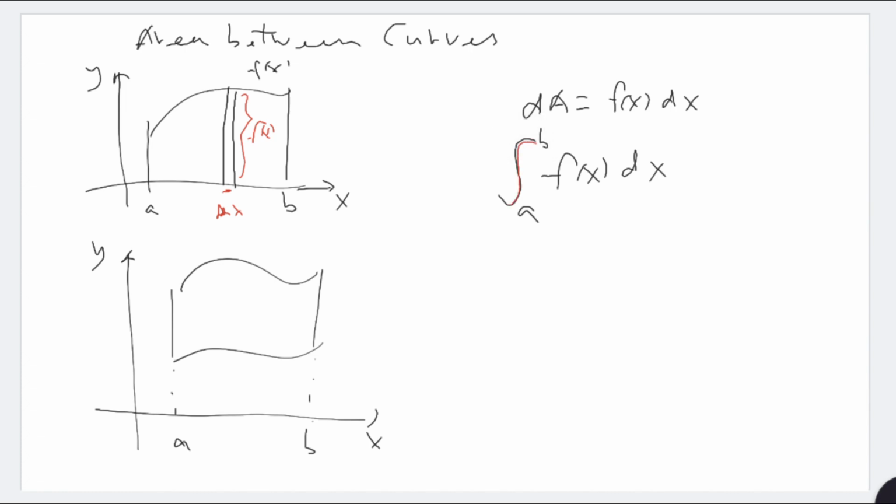This integral sign is like a stretched S, a sum starting from x equals a to x equals b. This definite integral notation was introduced to capture what's really going on. So we end up with this definite integral, which could represent the area.